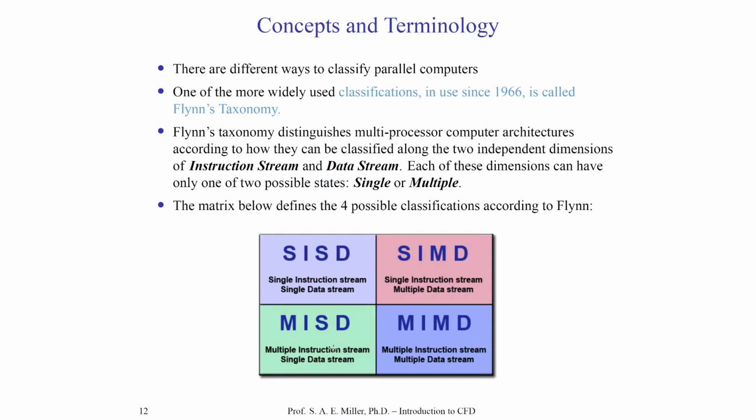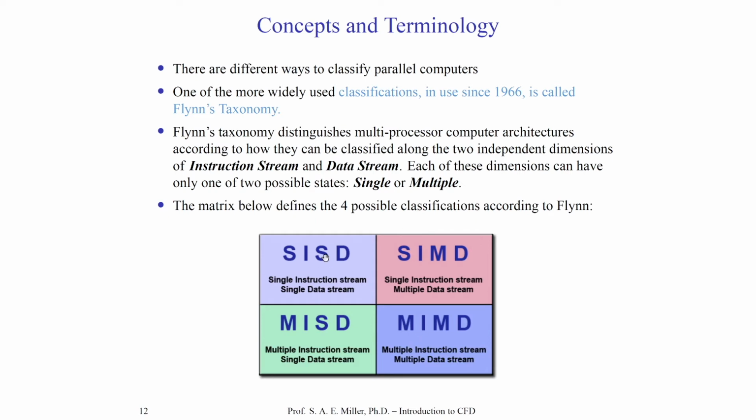Then we might have multiple instruction streams and a single data stream. This is like a computer where you have multiple CPUs or multiple cores, all with a single memory bank. Finally, in the most general category, you might have a computer with multiple processors and multiple memory banks. These can be divided in different ways.